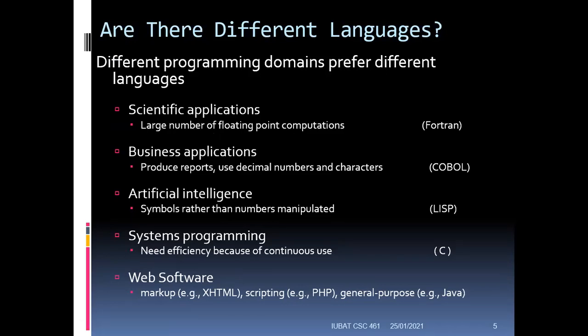Then we have business applications, where computation is not important, but the interface and automation are important, so that the system can automatically do some operations. Then we have artificial intelligence, where you want to design different models which in future will do other operations. Then we have system programming, because it needs efficiency.